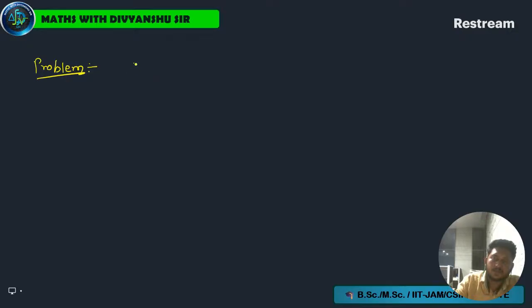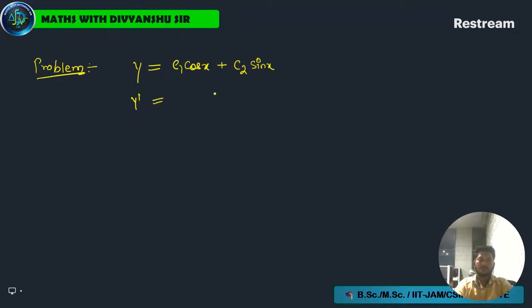First one is a differential equation like this: y is equal to c1 cos x plus c2 sin x. So first differentiate this. In the first step, when you differentiate this, you get minus c1 sin x plus c2 cos x.